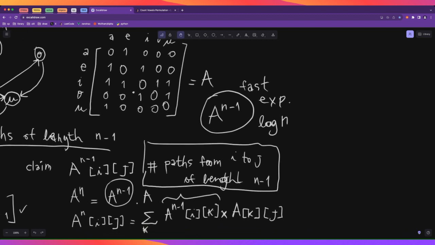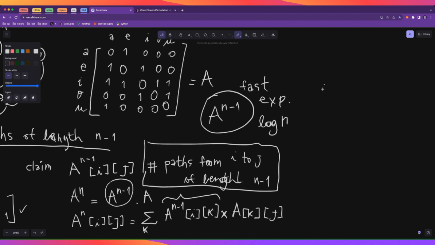I'll explain a little bit how it works before diving into the code. But notice that this doesn't have to do with matrices of graphs. This is just an algorithm for fast exponentiation.